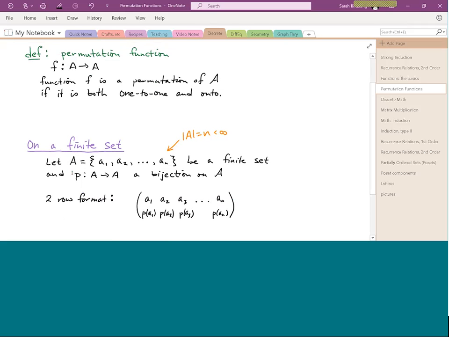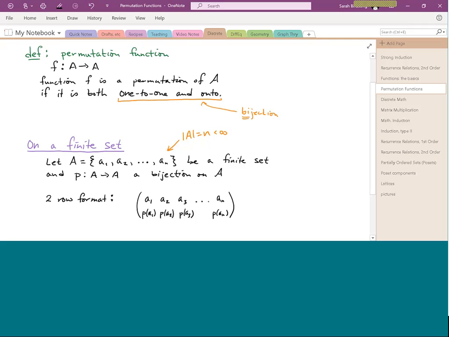And then our function P, which goes from set A to set A, we're going to say that it is a bijection on A. And remember, a bijection is both one-to-one and onto. Key thing to remember is the bi meaning two. Okay, so both one-to-one and onto, two things.